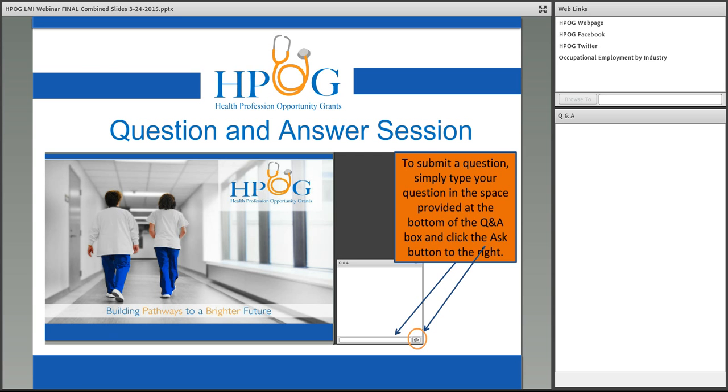For example, in a region there could be 2,000 health information technicians plus or minus 200. So we don't always have the level of precision that we want.